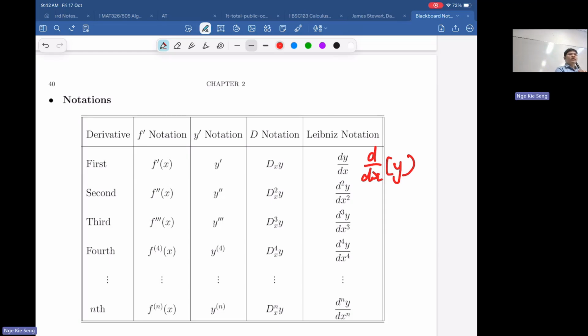Any question so far, before we go to the next chapter? So far we have finished function and limit.